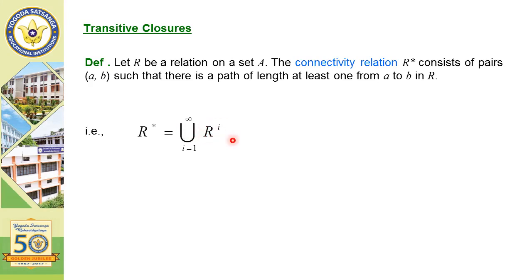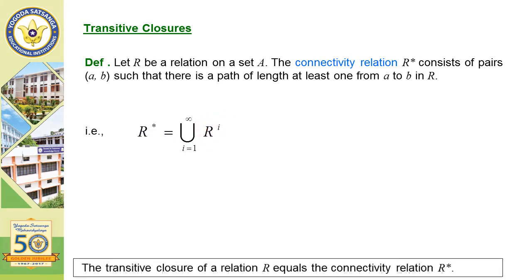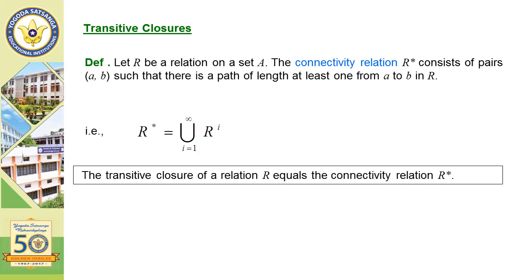Next we find R to the power 2, that means path length of 2, and subsequently we take the union of all the derived relations, and we get the transitive closure. So the transitive closure is defined as the union of all those sets whose path length is at least 1. The transitive closure of a relation R is equal to the connectivity relation R star. We define a connectivity relation in this way, and this is known as transitive closure.